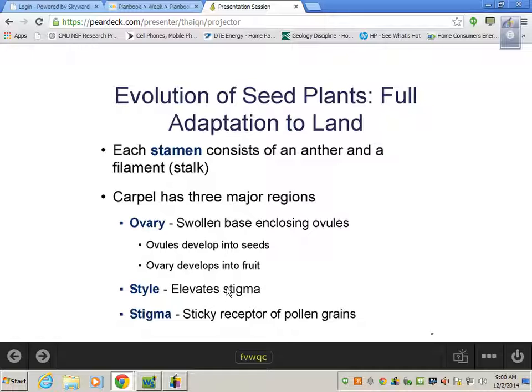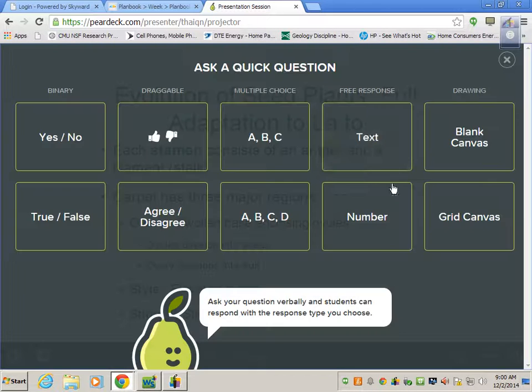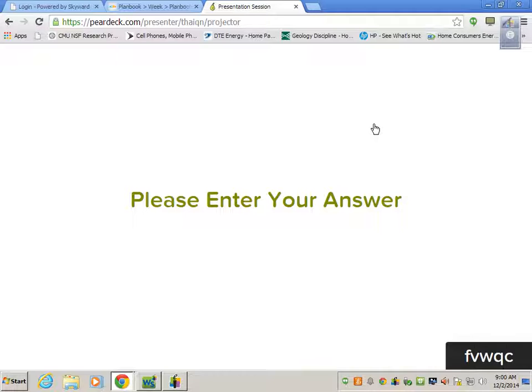So the style is that elevated stigma that sticks up, and the stigma is that sticky receptor that receives the pollen grain. So on the tip of the pollen tube, there's a sticky little portion that the pollen will actually adhere to. And it wouldn't leave there unless it could do what? What can that pollen do that is very crucial to its ability to find the ovary?